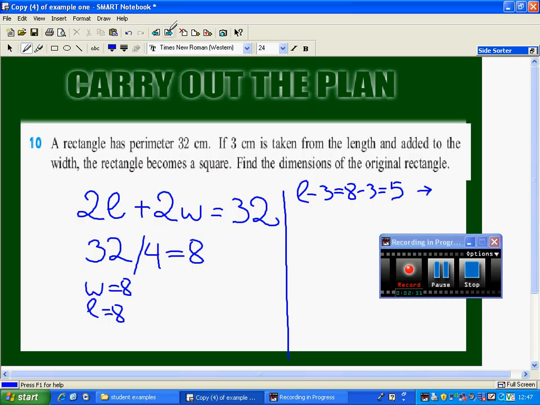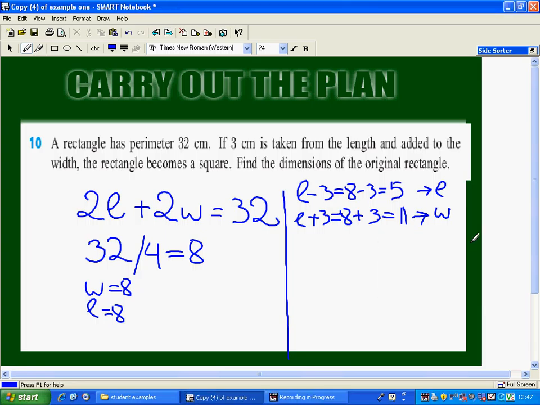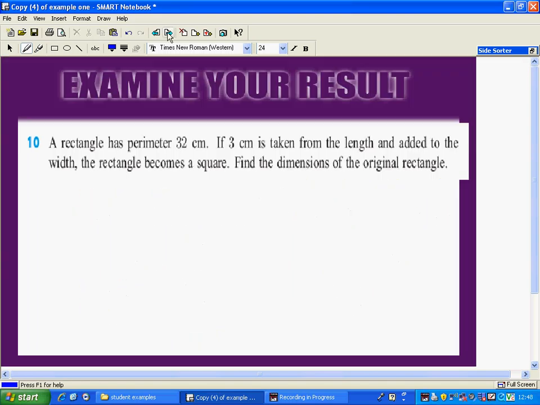Therefore, with these equations we calculate the length, which is 5, and the width, which is 11, in the rectangle. So this is how we carried out our plan.